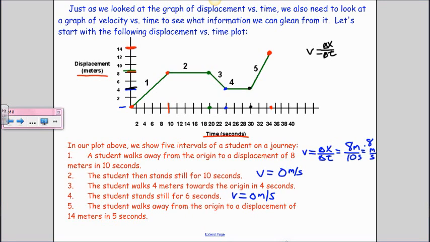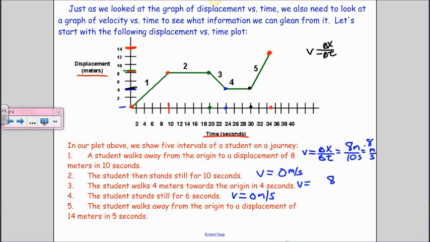The student walks 4 meters toward the origin in 4 seconds. So what was the change in displacement here? Well, where did we start from in part 3? We were at 8 meters, right? 8. And we ended at 4. And remember, anytime you take the change in something, it's final minus initial.